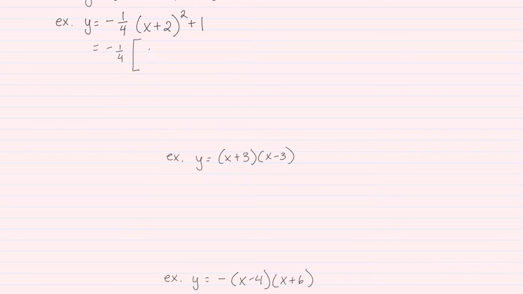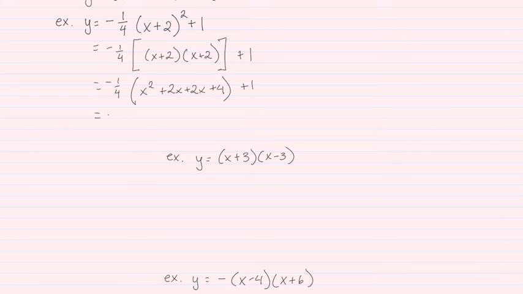I use brackets because I'm using multiple parentheses here. This becomes, using FOIL, x squared plus 2x plus 2x plus 4, plus 1.